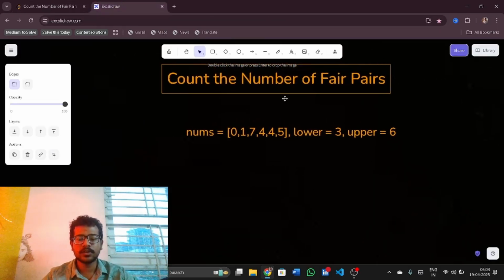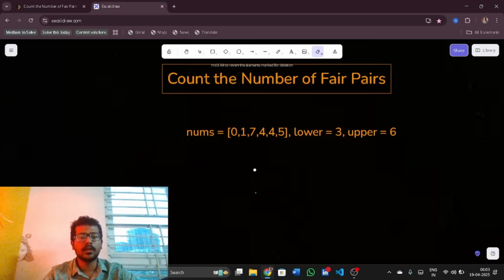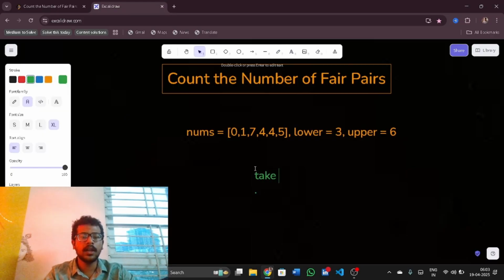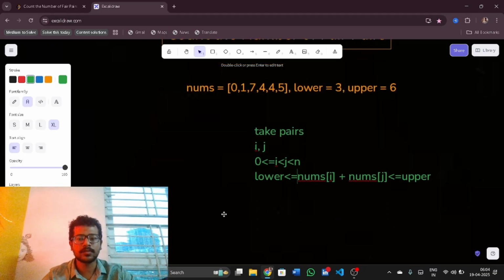So what is given in the question is: take pairs i, j, where 0 is less than or equal to i less than j less than n, where n is the size of the array, and nums of i plus nums of j should be less than or equal to upper, and also lower should be less than or equal to nums of i plus nums of j.